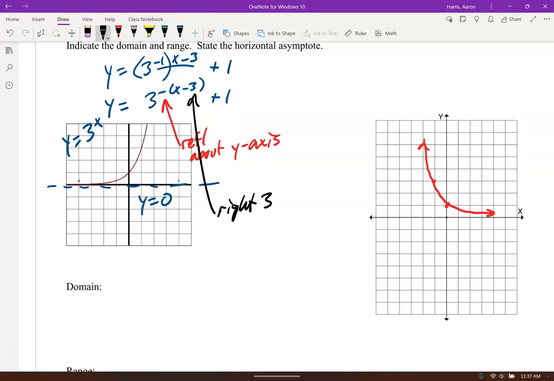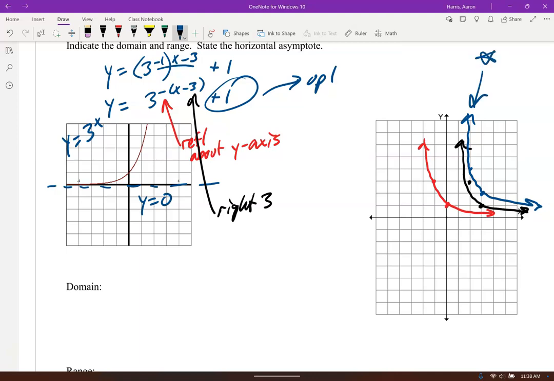I'm going to take that point (0, 1) and go right 3. And now it'd be like the black one. And finally, I'm going to go up 1, and I would be the blue one there. And that would be our function, the one in blue.